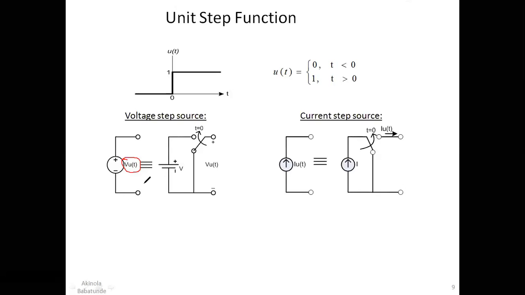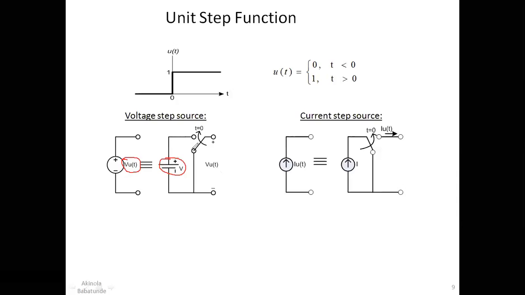Now this configuration is equivalent to this particular configuration. You can see we have our switch here, and then this can be redrawn like this. So this is now our DC voltage that we are familiar with, and then this becomes our switch.